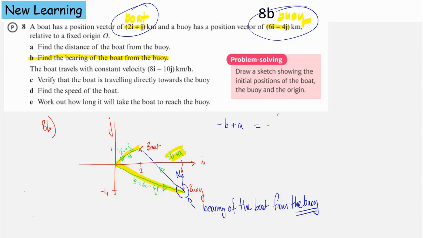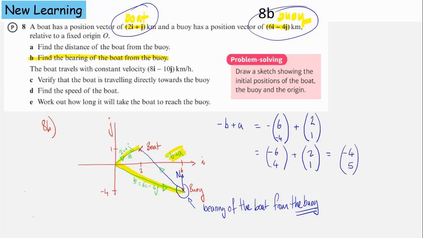So negative, then the 6, and the minus 4. Negative b plus the vector a is 2, 1. Minus, let's just multiply through by the minus. Now this vector is quite crucial because this vector describes that line. Knowing this vector, it allows me to look at the following.